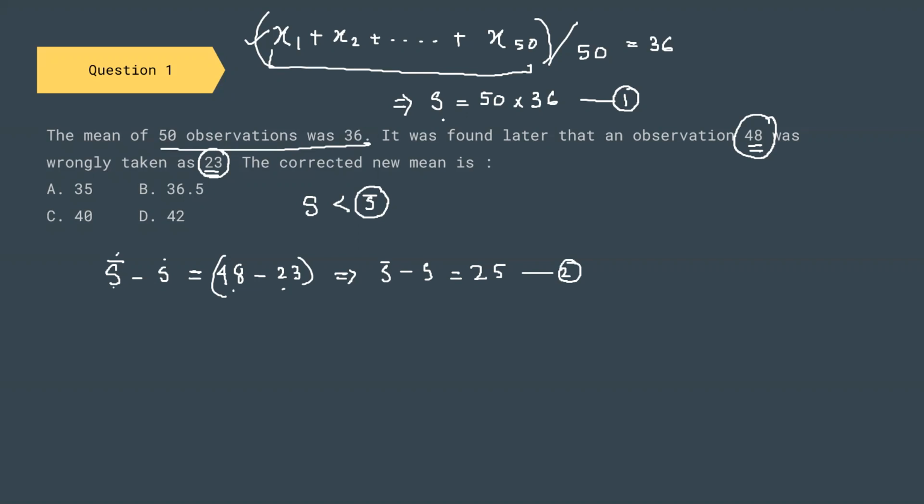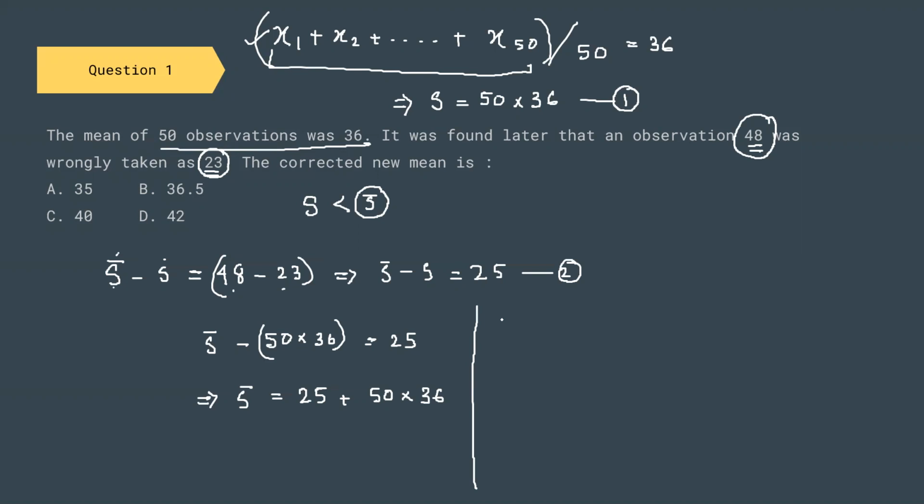So from equation number 1, we have S equal to 50 into 36. And from equation number 2, we have S dash minus S equal to 25. So S dash is equal to 25 plus 50 into 36. Now I'm showing you, do not just blindly multiply these two numbers.